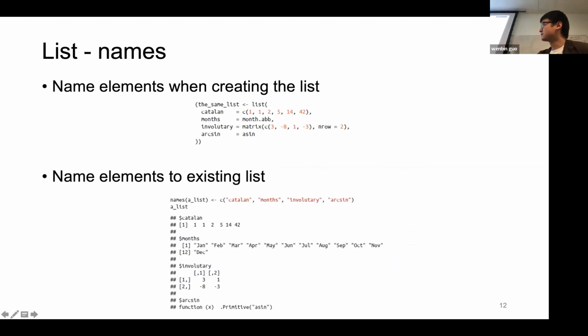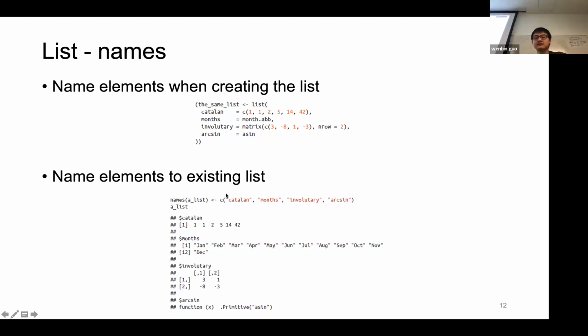When you first create the list, you can actually assign names to each of the elements. What you need to do is put the names on the left-hand side of the equal sign and the values on the right-hand side, so each element will be assigned a name. And if you want to rename or add names to an existing list, you can still use the names function.